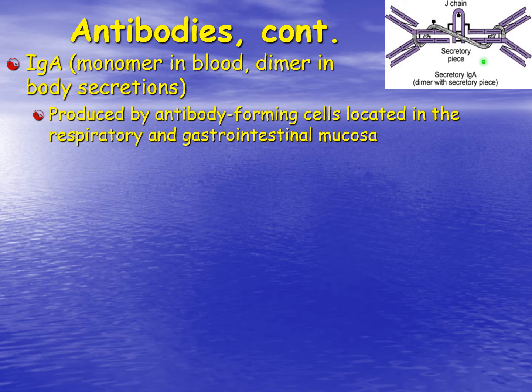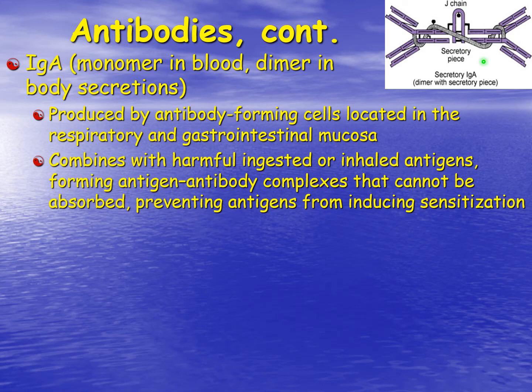It is produced by the plasma cells located in the respiratory and GI system primarily, and they will then combine with harmful ingested or inhaled antigens, forming antigen-antibody complexes that cannot be absorbed into the body, preventing the antigens from actually getting in and inducing sensitization.